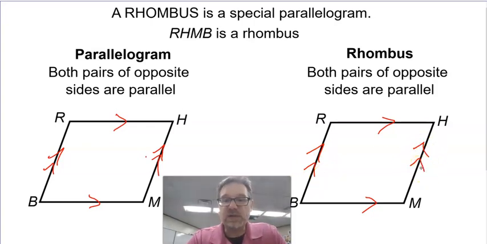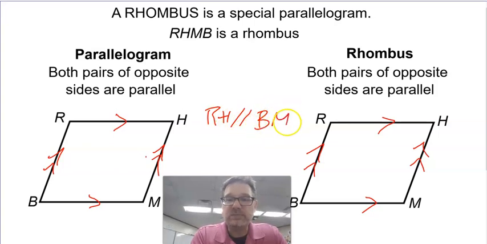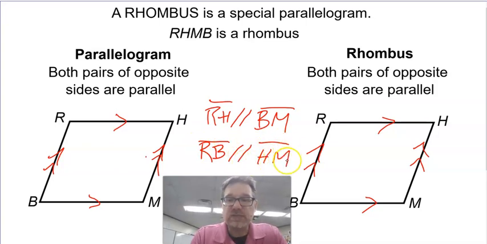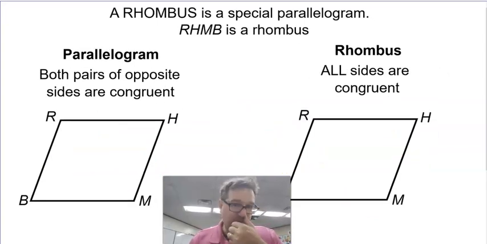Top never touches bottom, left never touches right. So segment RH is parallel to segment BM, and segment RB, the left side, is parallel to segment HM, the segment on the right side. We're going to take that information and continue building upon it.